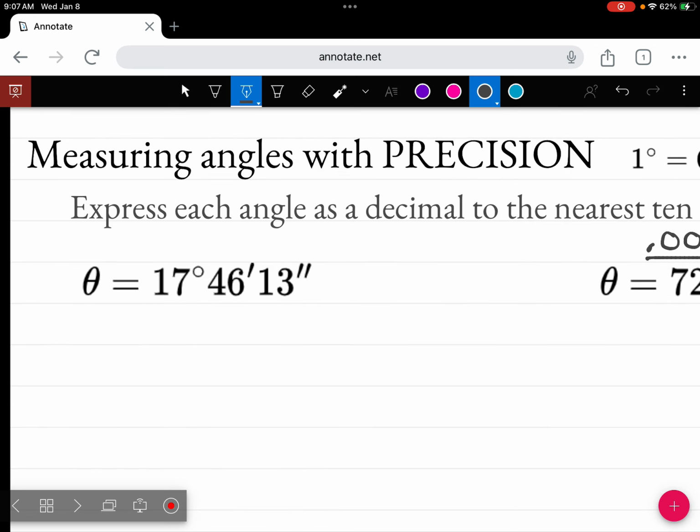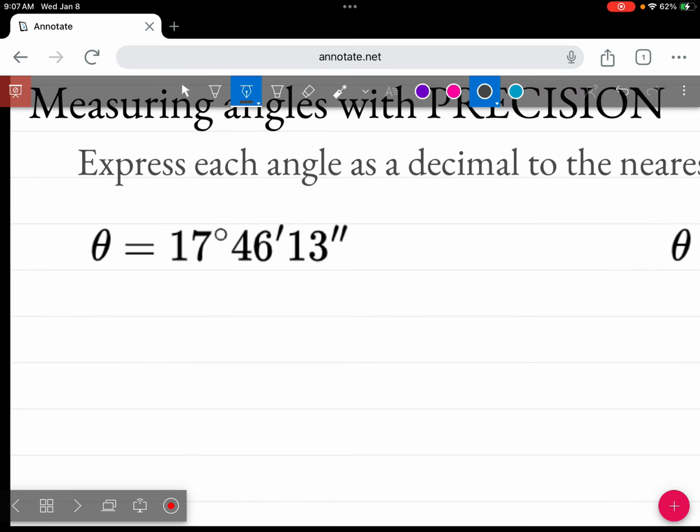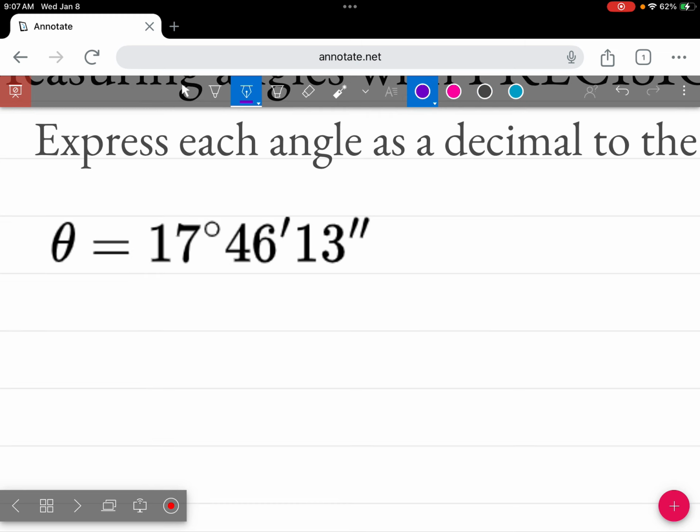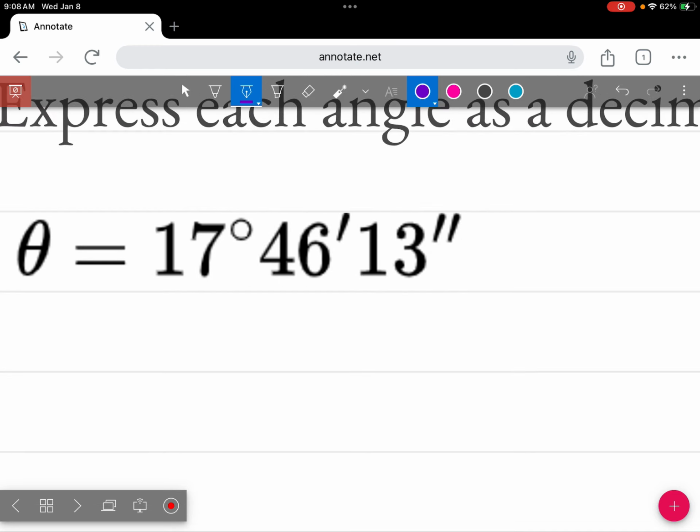So if I have 17 degrees, 46 minutes, and 13 seconds, we're going to try and get this back to being just a degree decimal. So we've got our theta here. And again, it's easy to think of it as a unit conversion. There's a couple of different ways you can go through it, but it's mostly a unit conversion. So I'm just going to drop down the first 2 pieces to start.